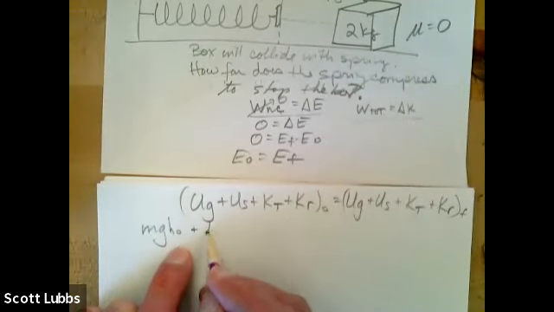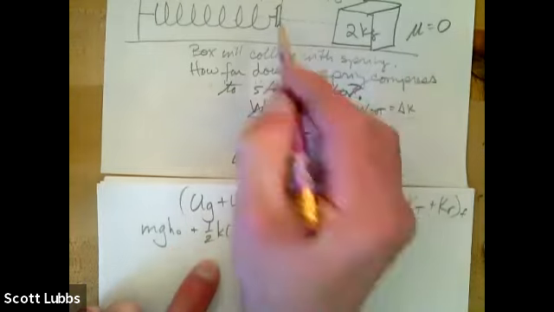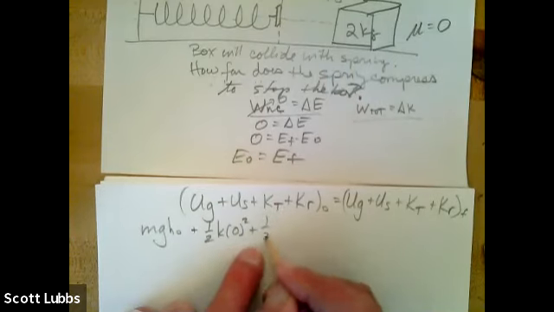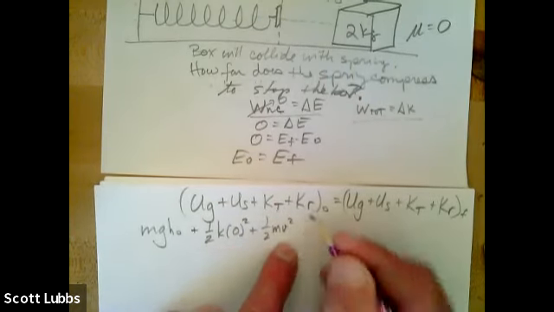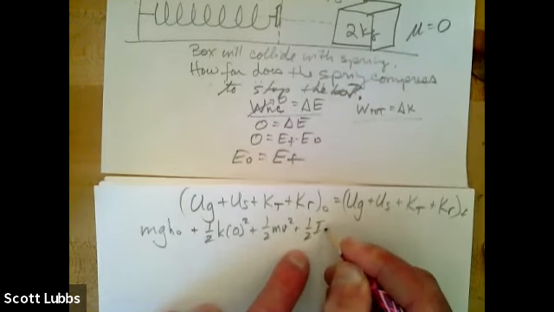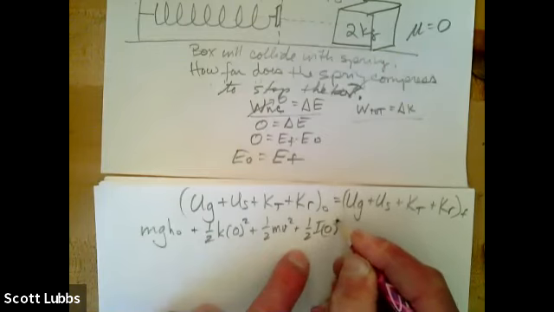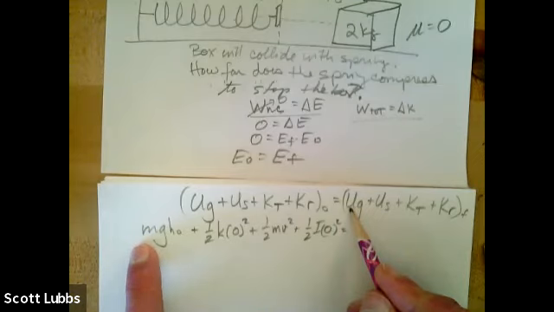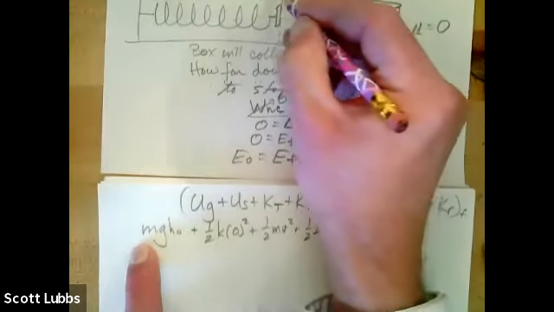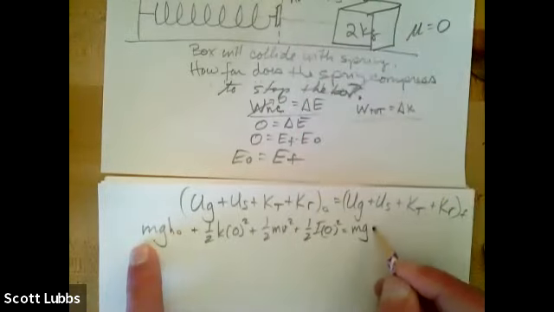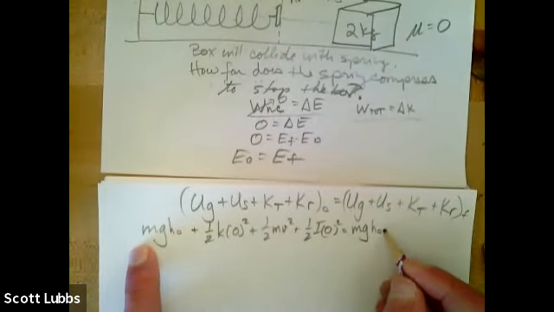My spring is 1/2 k delta x squared, it's not squeezed at all. Its speed is 1/2 mv squared. It's rotating at 1/2 I omega squared, it's not rotating. Yay. What about my mgh final? My h final equals my h initial.